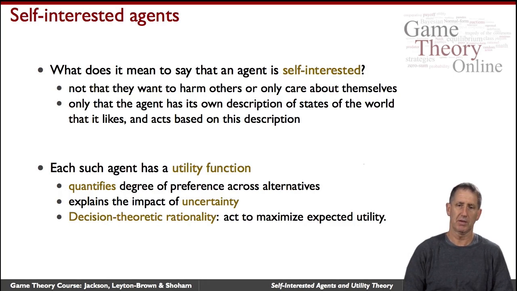It describes not only their attitude towards a definitive event, so for example, tomorrow the temperature will be exactly 25 degrees centigrade, but in fact it'll describe the preferences towards a distribution of such outcomes. So it really captures their attitude towards uncertainty about events.